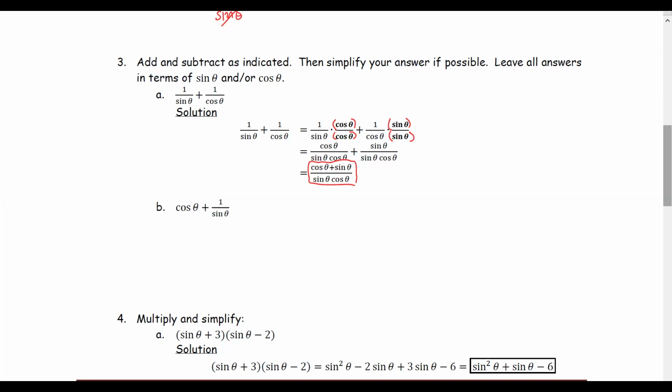Example 3b, cosine theta plus 1 over sine theta. We are going to simplify this expression. As you see, cosine theta has denominator 1. So the common denominator would be sine theta. We are going to multiply cosine theta by sine theta over sine theta.